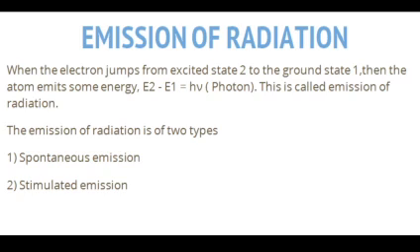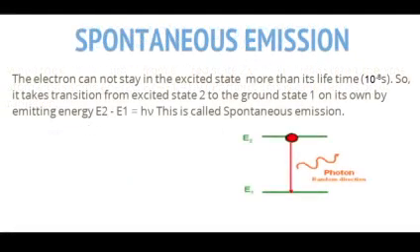This emission is of two types. One is spontaneous emission and the second one is stimulated emission. First we will discuss spontaneous emission. An electron cannot stay in the excited state longer than its lifetime, that is 10 power minus 8 seconds.